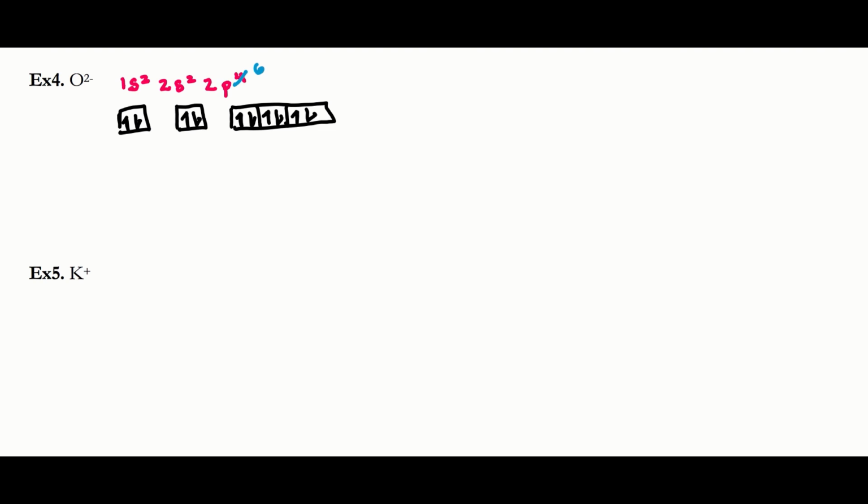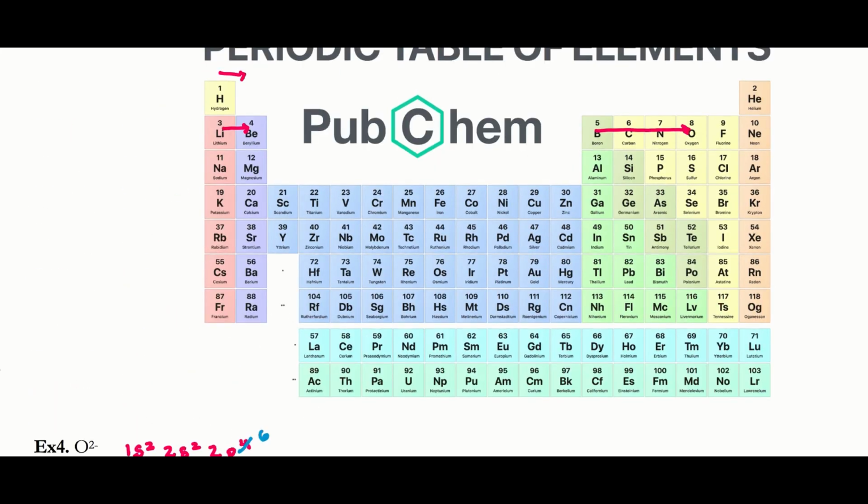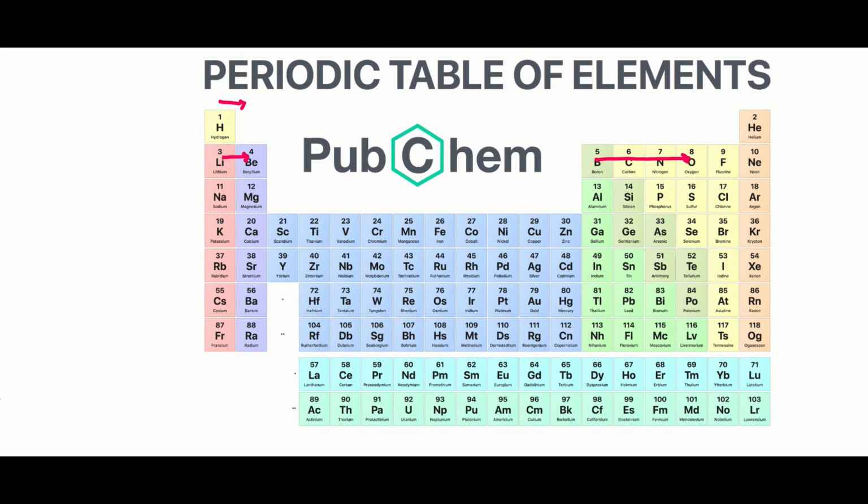Okay? Let's look at potassium ions. Let's look quickly at potassium itself. So not as an ion, potassium would have an electron configuration of 1s2, 2s2, 2p6, 3s2, 3p6, and then 4s1.